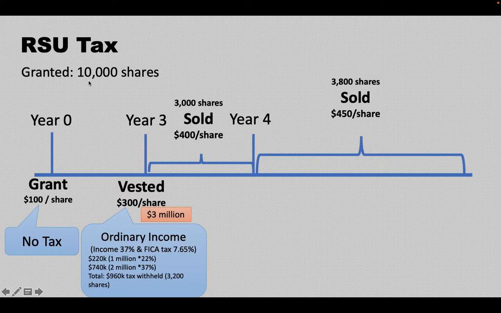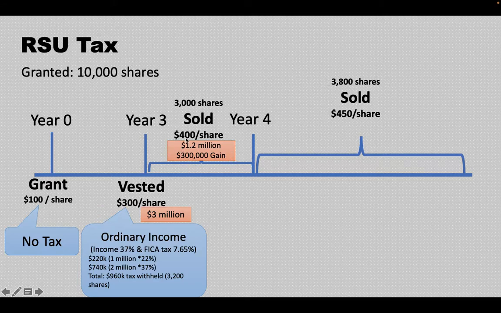Then your total is 10,000 shares, minus 3,200 shares, which gives you 6,800 shares. Within 1 year, Adam sold 3,000 shares. He would receive $1.2 million. However, within the $1.2 million, $300,000 is a capital gain.